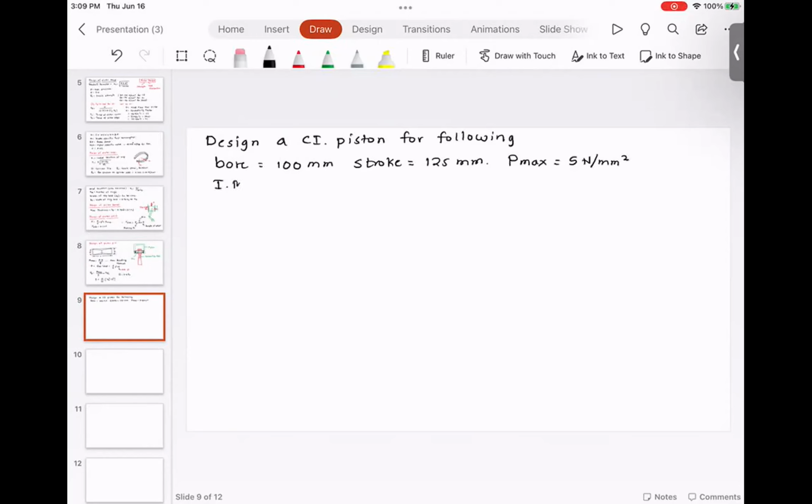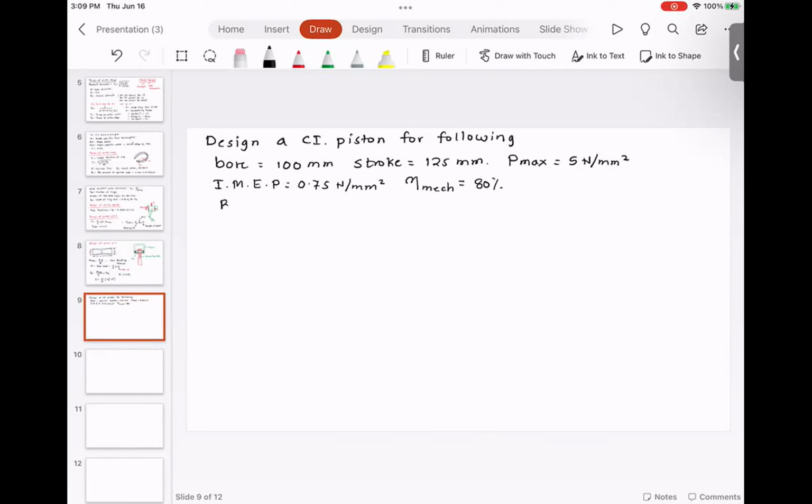Indicated mean effective pressure is 0.75 Newton per millimeter square. Mechanical efficiency is 80%.